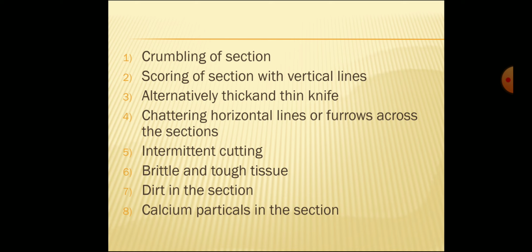We can improve our section cutting process and solve the problems very easily. So these are the problems in section cutting and how they are treated.